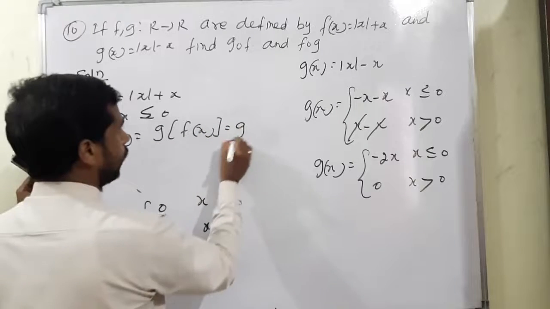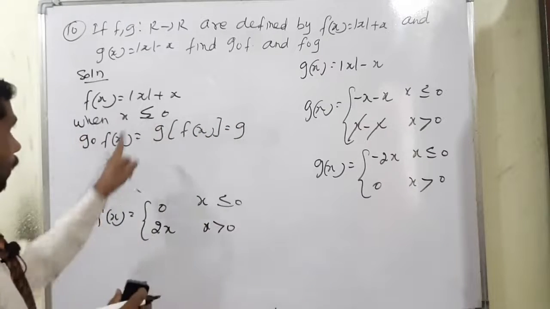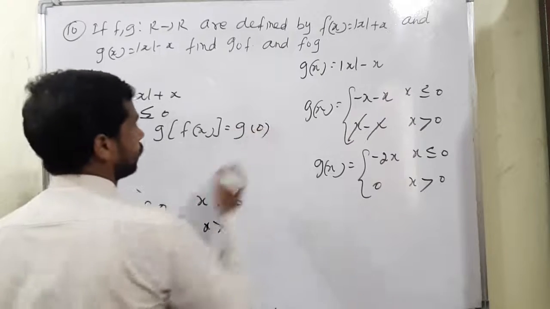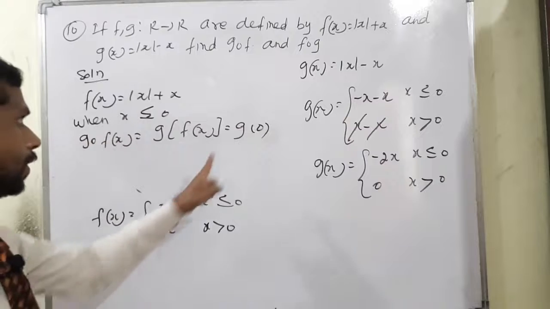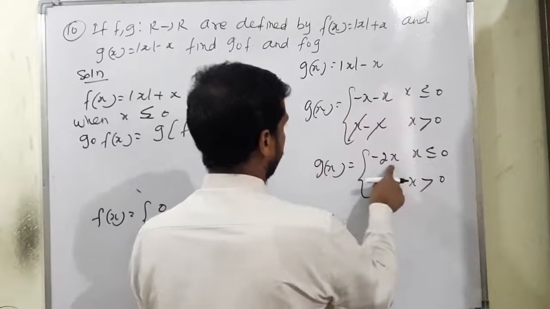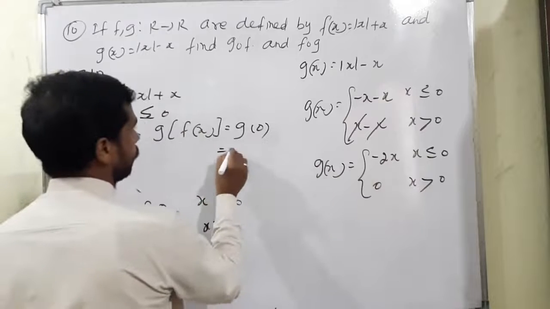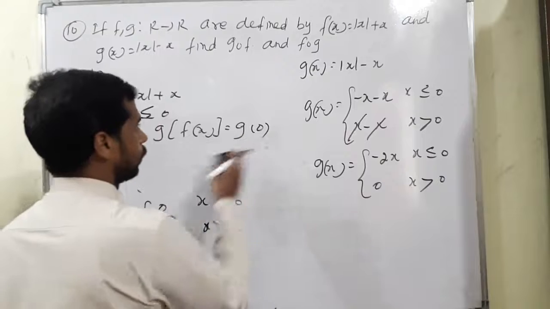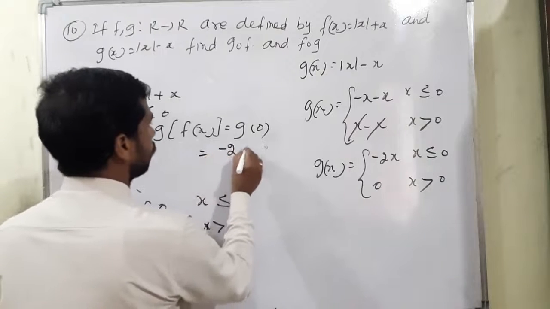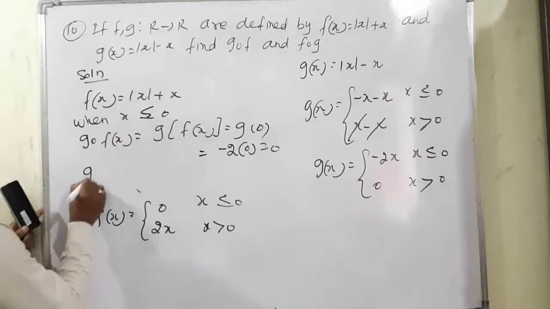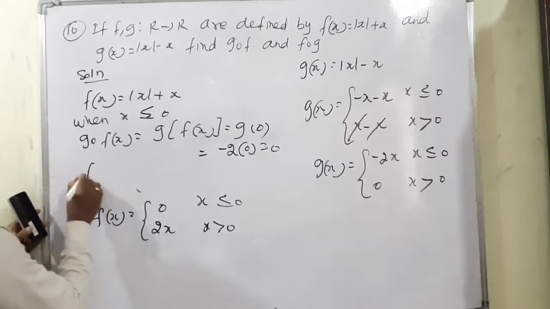Again, for f of x less than or equal to 0, what is the term there? 0 only. Therefore, g of x is equal to minus 2x. So, minus 2 into 0, the value will be 0. Next one, f dot g.